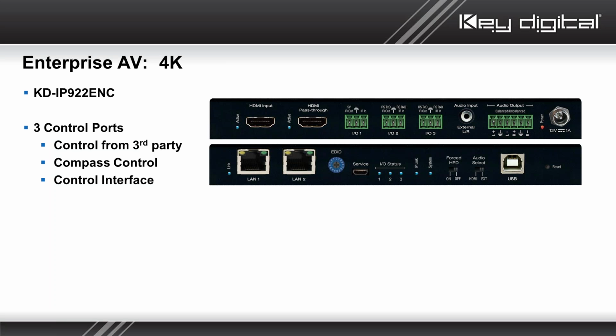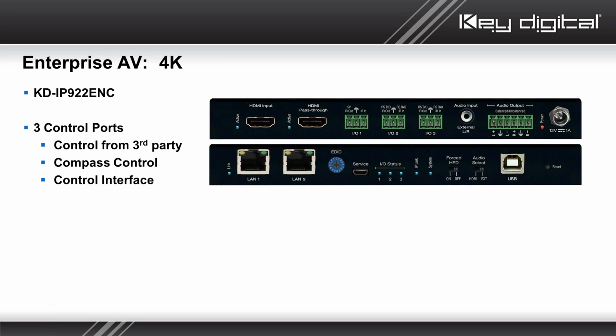Second usage mode, as I just depicted from the system design earlier, is that each and every IP922 part is a 3-port master controller for Compass Control that's just waiting to be chosen. So it totally negates the need for external control processors or master controller. 3 ports is going to be more than enough per unit.